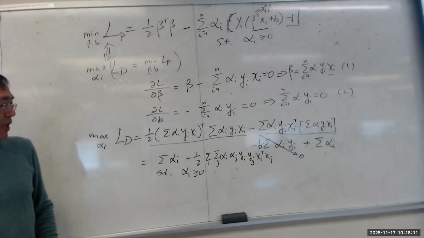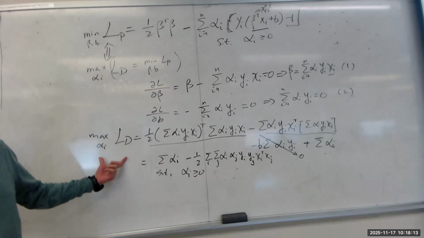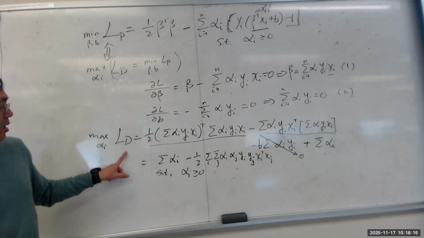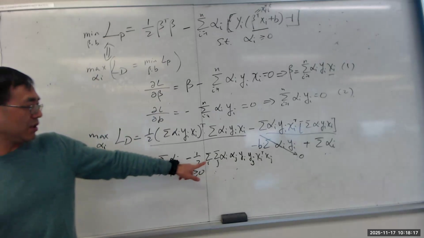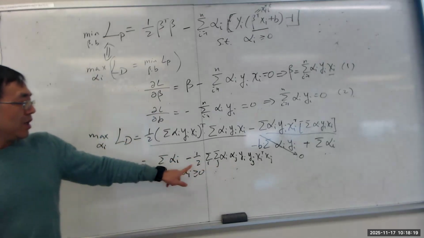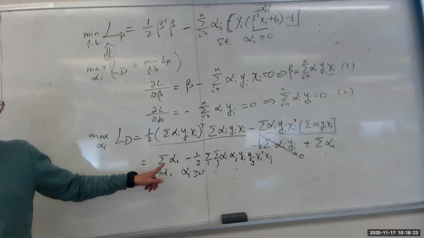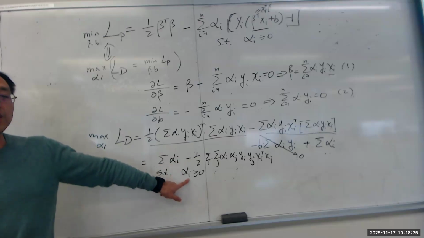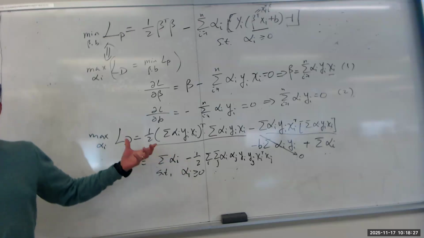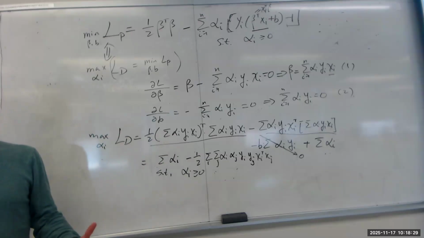We can work with it. The target function L_D is essentially just a quadratic term in alpha_i subject to a linear constraint. So this is a very standard optimization problem.